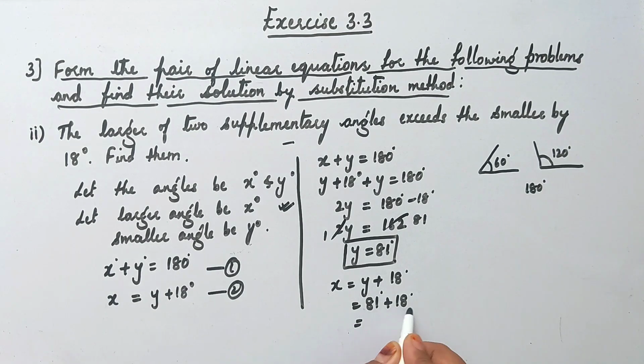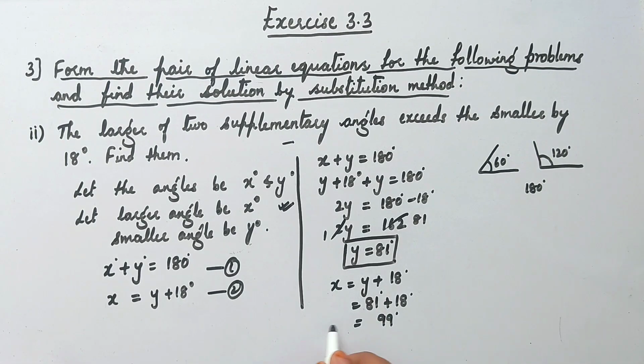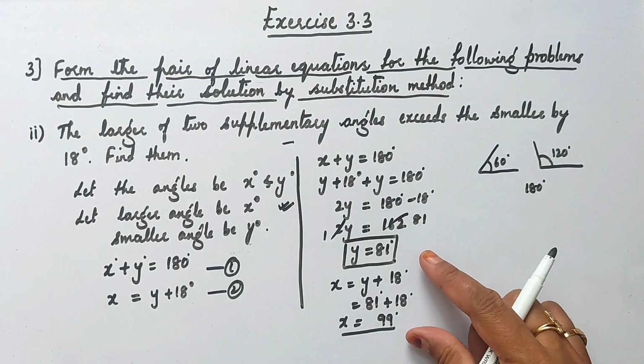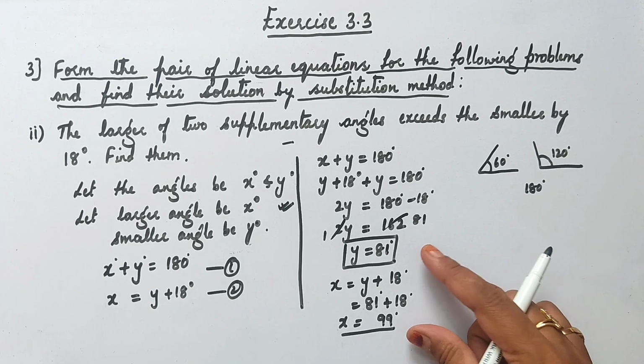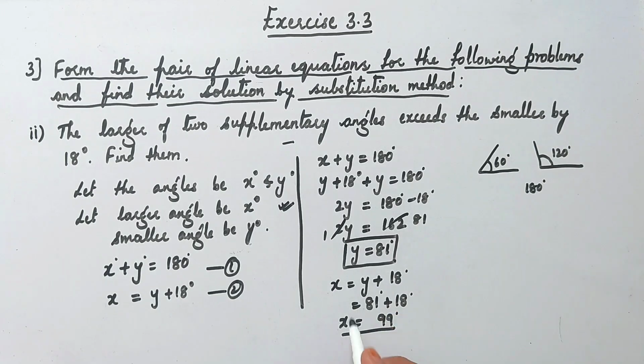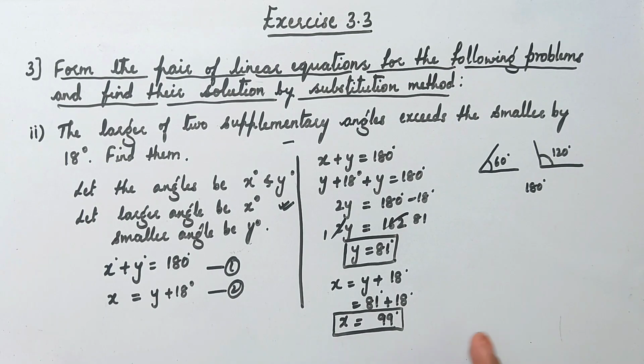When you add these two, you get 99 degrees. x equal to 99 degrees. Now you can check that when I add these two angles, I get 180 degrees. Right, students? Just check. I hope this is clear to you all, students.